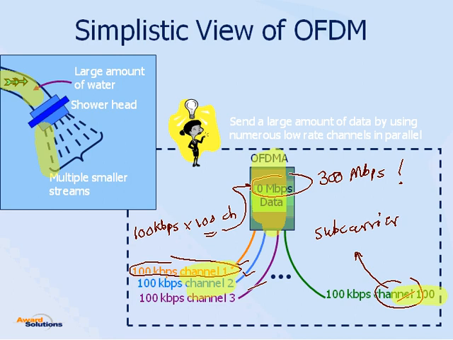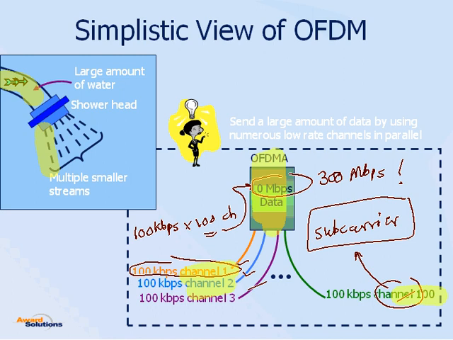So in summary, the OFDMA systems achieve high data rates by parallel transmission of data on many channels, many subcarriers, at the same time.